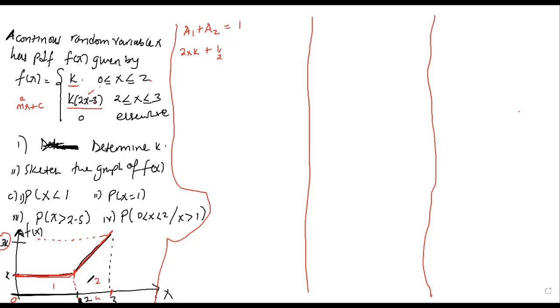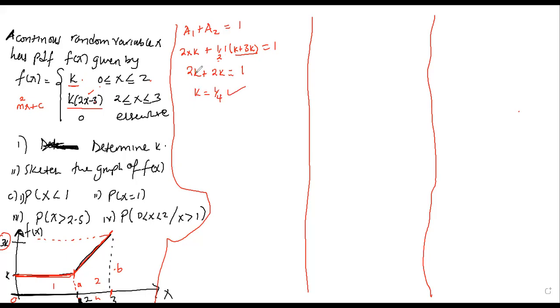This is A. This is B. So a half into k plus 3k is equal to 1, giving me 2k plus 2k is 1. Because this is 4. Divide by 2, you get 2k. Therefore, k is a quarter. That is how we get k using the method of area under the graph.